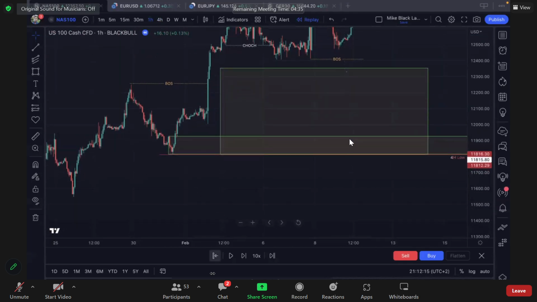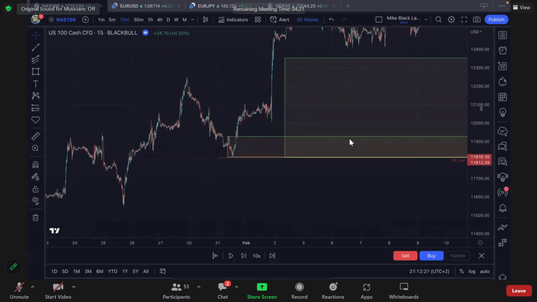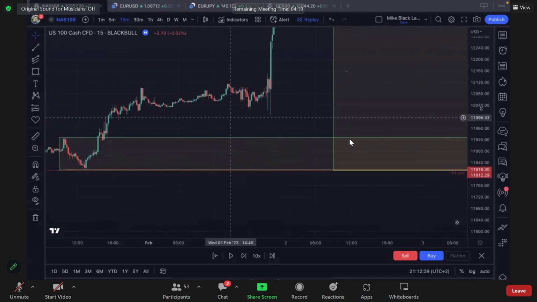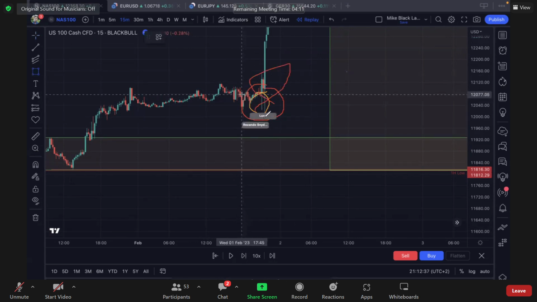Can you guys see that this was also a mitigation area, right? Let's jump to the 15-minute to make it a bit clearer. Where did the market start pushing from? Exactly this area.